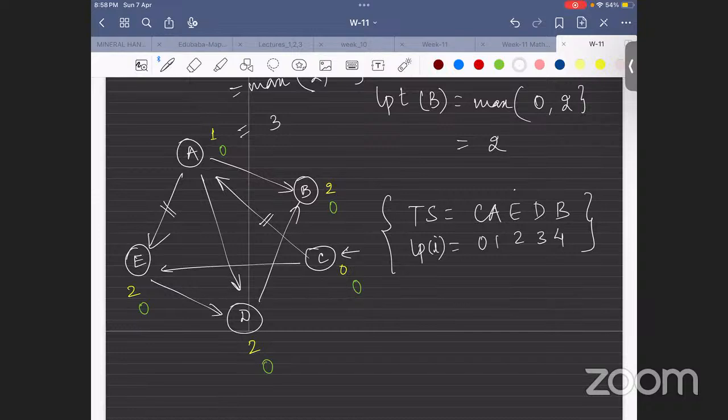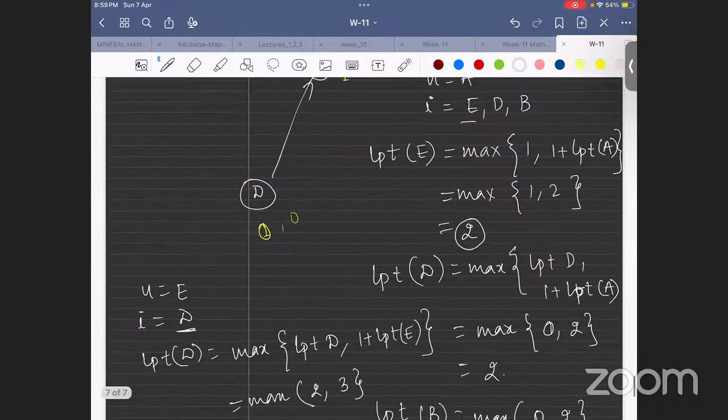Yes, sir. But what I'm asking is, if you scroll up a little, when we are calculating the longest path, we are looking at the max of, say for instance, this LPT of E. We are looking at max of 1, 1 plus LPT of A, right? Now, in all our cases, we only went with the value on the right side, not on the left. Yeah, that's correct.